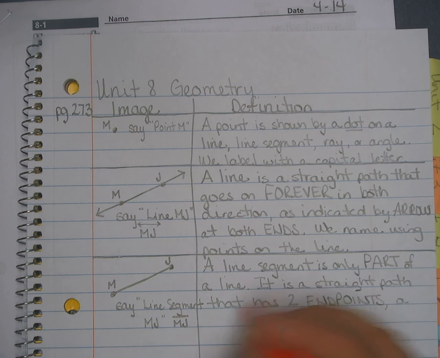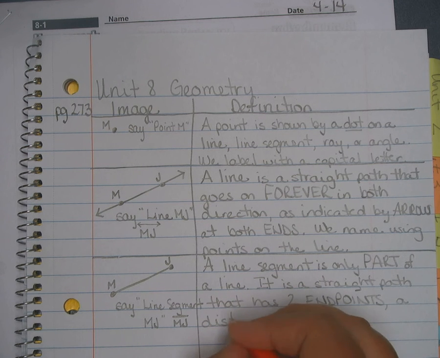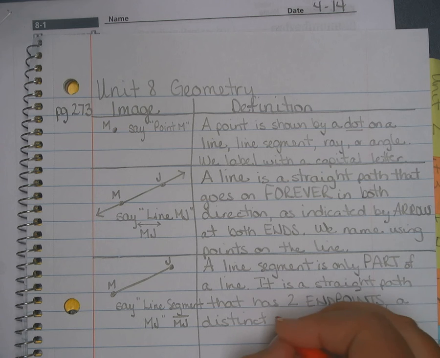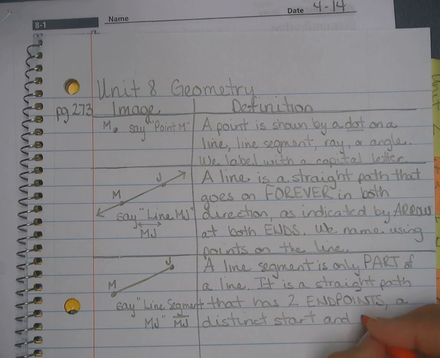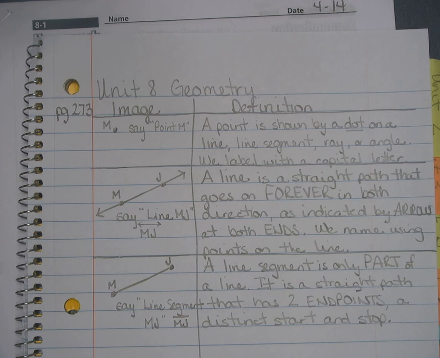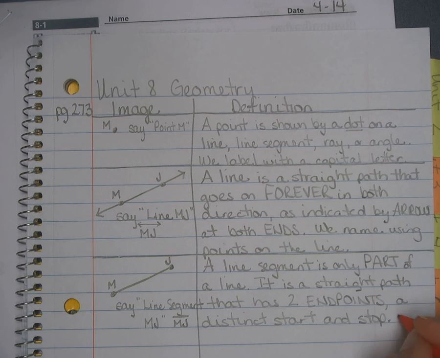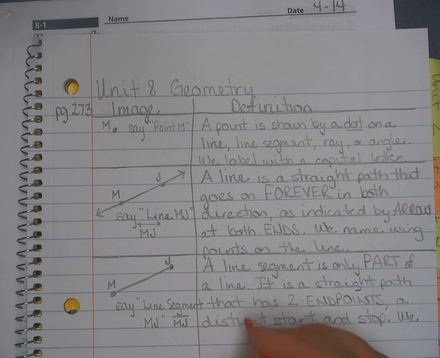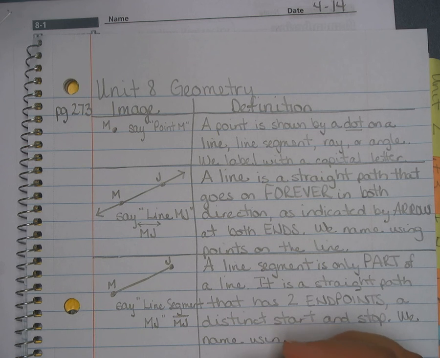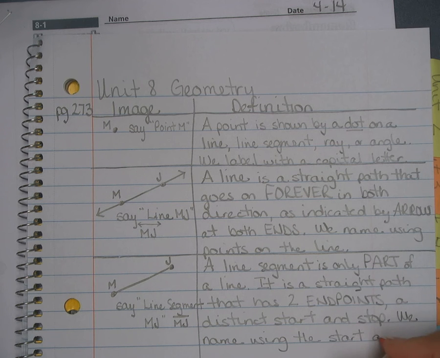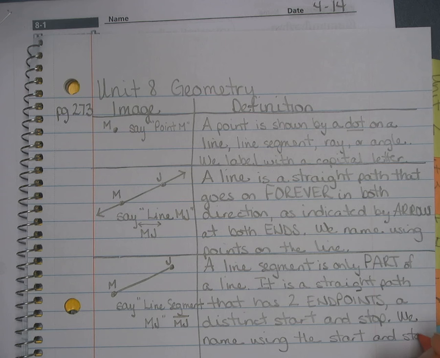We consider those a distinct start and stop, meaning that the line segment goes no further than those endpoints. We name it using the start and stop points.